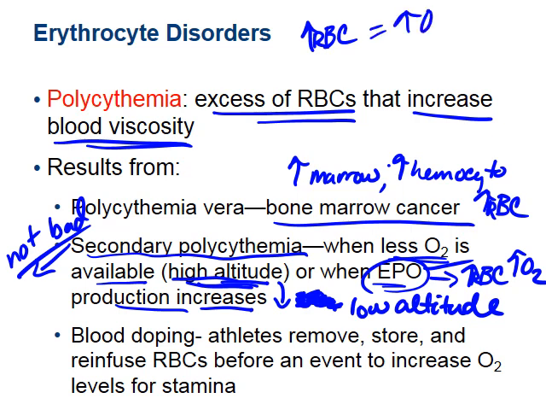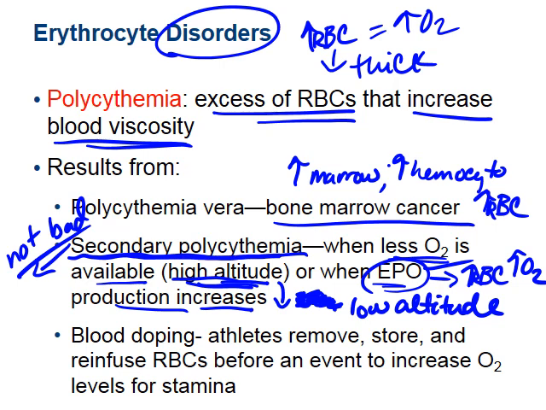And that's great because your oxygen capacity is really high, but remember if your red blood cell count is too high, that can cause your blood to be thick. So sometimes when you see these listed as disorders, it's not always a bad thing. So secondary polycythemia is not a bad thing if you've gone from a low altitude to a high altitude environment and you need to perform. It can be a problem for you when you come back. You have to destroy some of those extra red blood cells, and it might take a little bit of time.